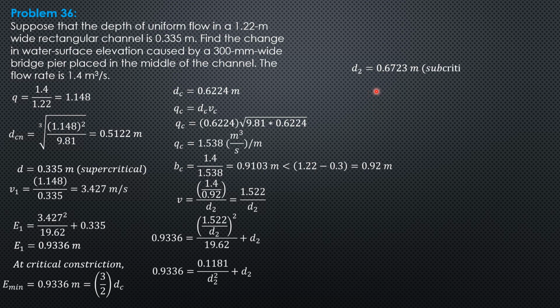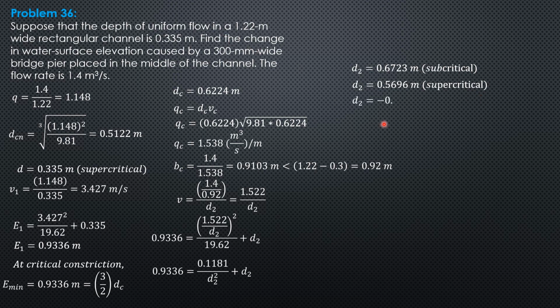The first root is negative, the second root is 0.6723, and since this depth is greater than 0.6224, that means the flow is subcritical. The next root is 0.5696, which is less than this value, so it means it is supercritical, just like the original.